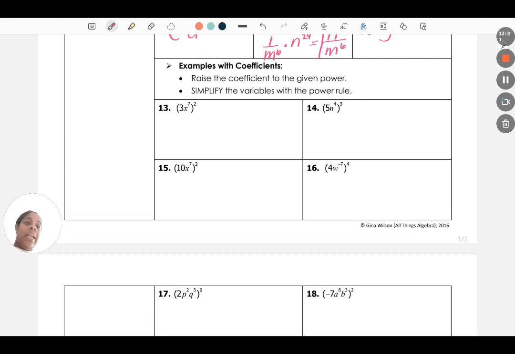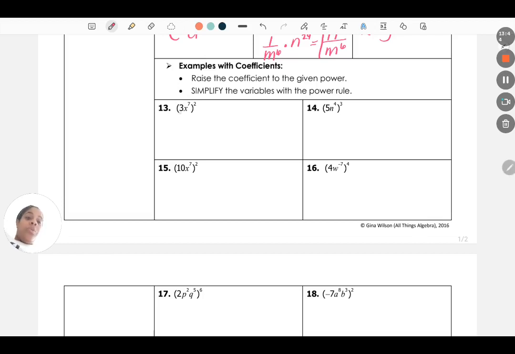So in this situation where there are coefficients, there are numbers with variables. It's telling you to raise the coefficient, which is the number, to the power that it's saying, and then apply the rule to the variable, the letter, okay?